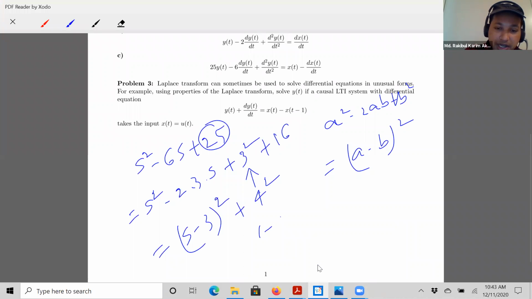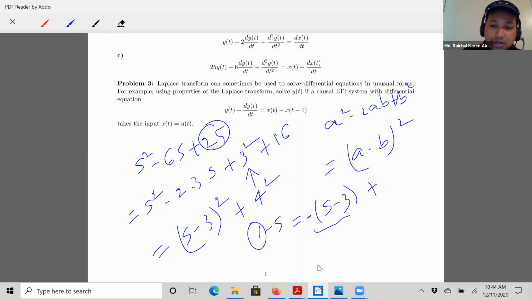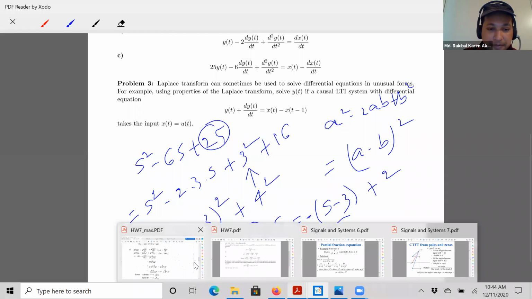It was 1 minus s, but you need s minus 3. Then what you have to do? You have to write a minus sign here, and there it becomes plus 3, but you had only 1. So you need one more thing. That is written here actually.